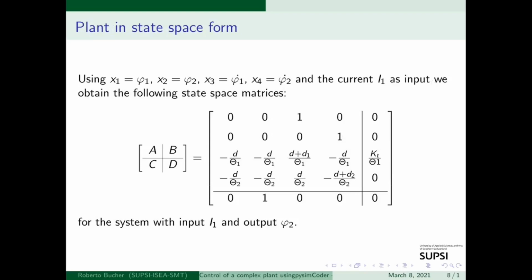Using these state variables, x1 equal angle 1, x2 equal angle 2, x3 equal the speed of disk 1, and x4 equal the speed of disk 2, and the current E1 as input, we can obtain the following state space matrices A, B, C, and D. And we have at the end a system with input E1 and output angle of disk 2.